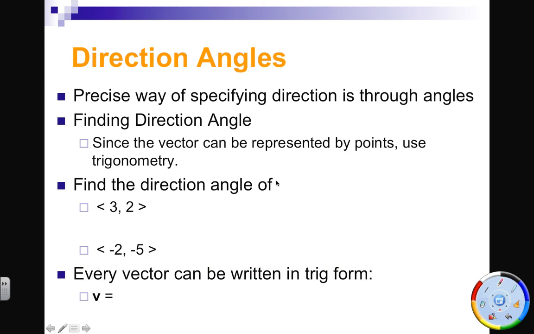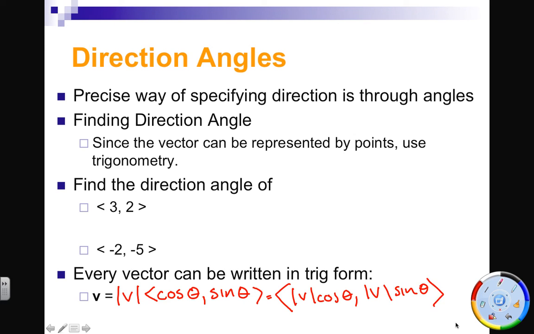Lastly on this page, every vector can be written in trig form by doing this. It's the magnitude of the vector times, if you remember, cosine is the x, so cosine of theta, comma, sine of theta. Or you could write it where the magnitude's on the inside: magnitude v cosine theta, magnitude v sine theta.